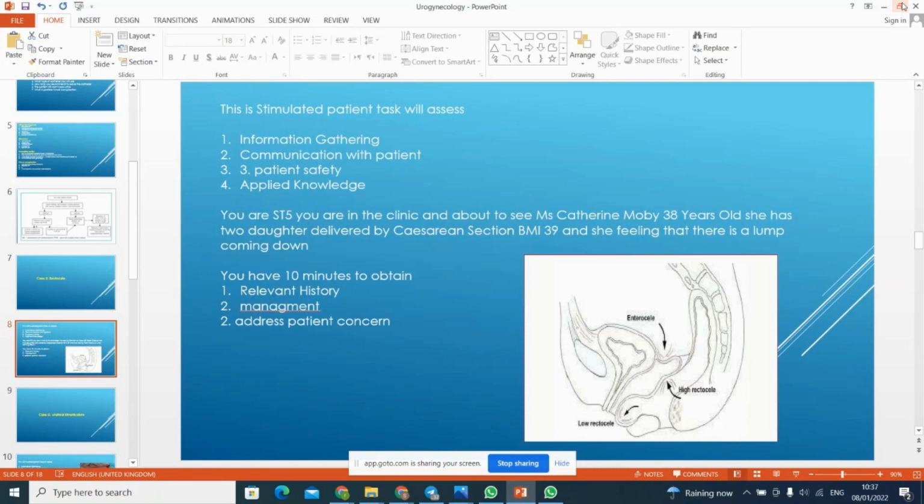With time, because of deliveries or for any reason, these supportive tissues will be weakened. So this can happen, whether anterior prolapse, posterior prolapse, or vault prolapse. With the weakness of these, this problem can happen. So in less than 1 minute, give her the explanation.